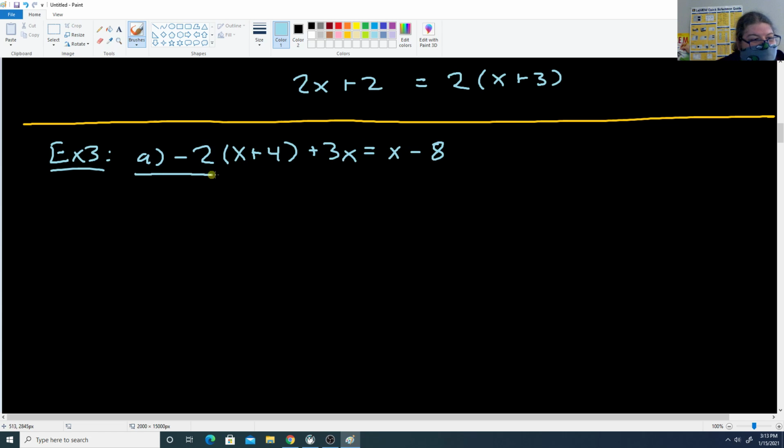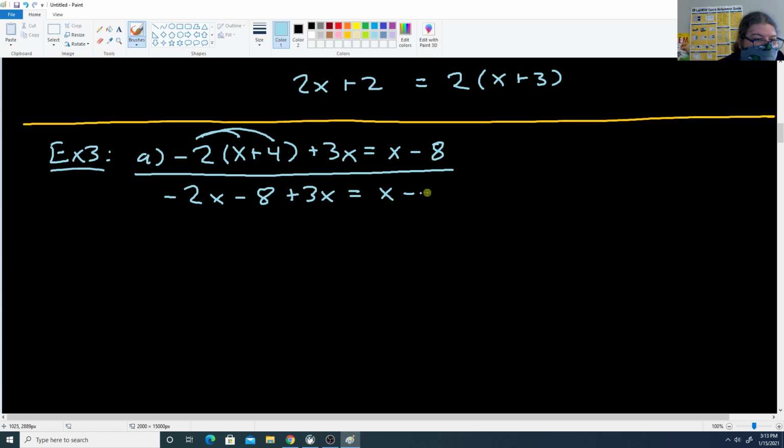Let's see what it turns into. I'll distribute the negative 2 first. I'll get negative 2x minus 8 plus 3x equals x minus 8. On this side, negative 2x plus 3x is a single x, so we get x minus 8 equals x minus 8. This is always true.